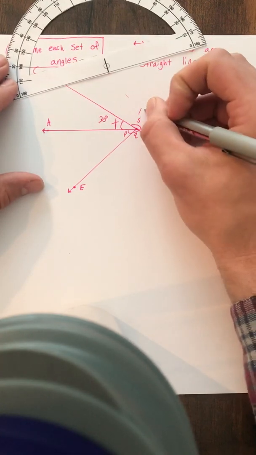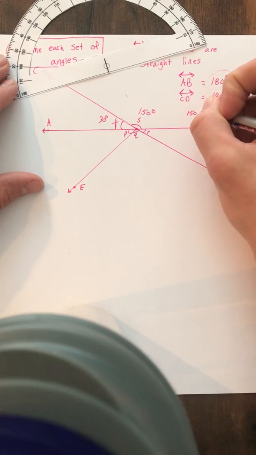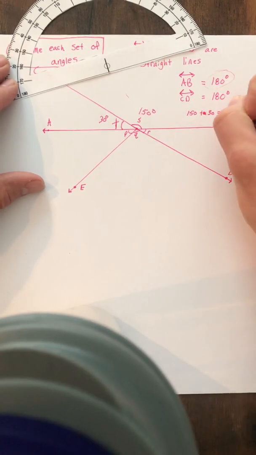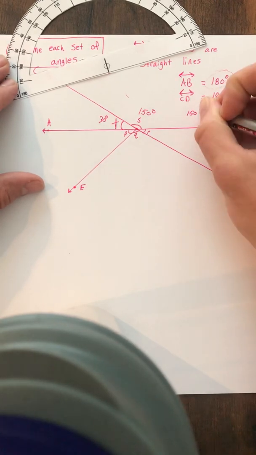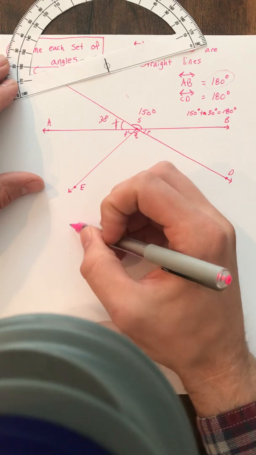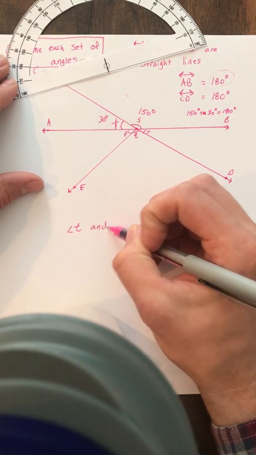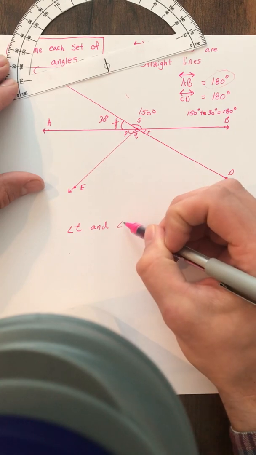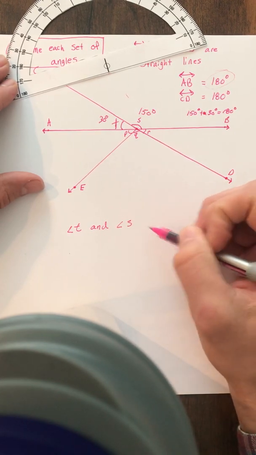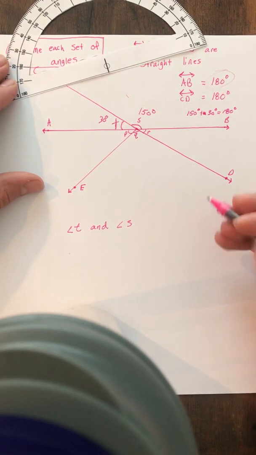And 150 plus 30 equals 180. So I know for sure that angle T and angle S are a set for line AB, so I would write angle T and angle S on the line.